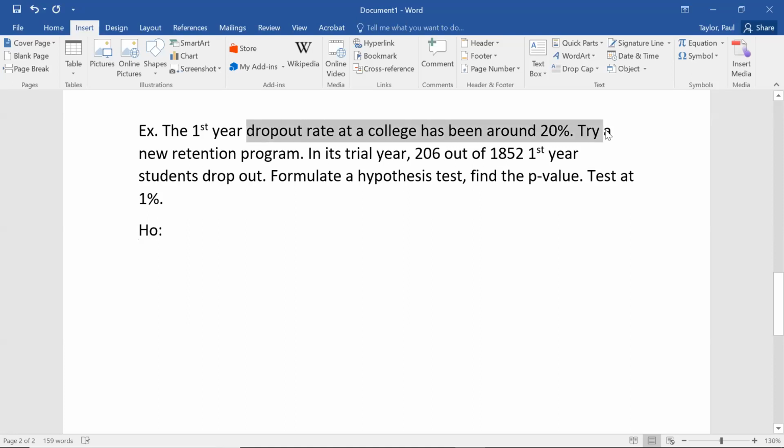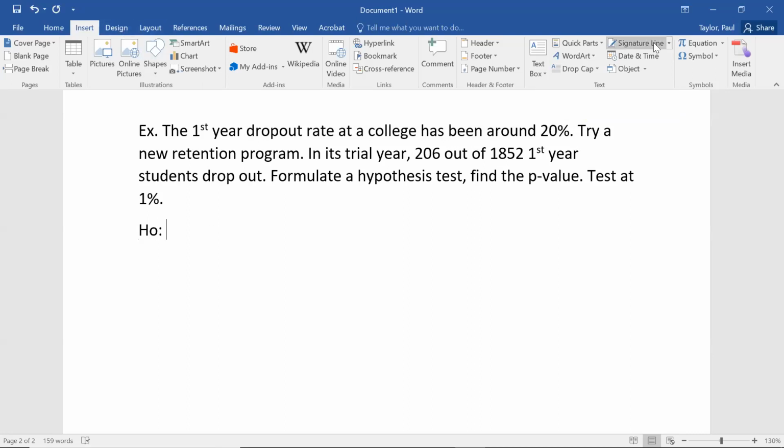So before the dropout rate was 20%, we're trying to see if we could change that. So if the new retention program does nothing, then it's still going to be 20%. If the new retention program works, it's going to be something else.